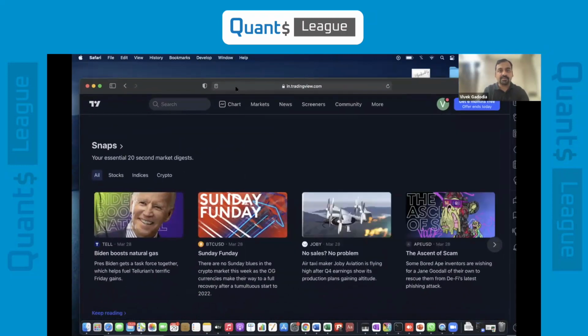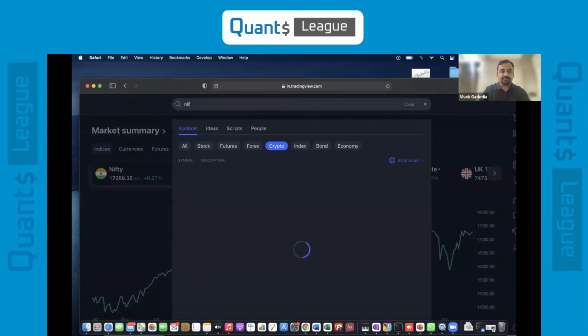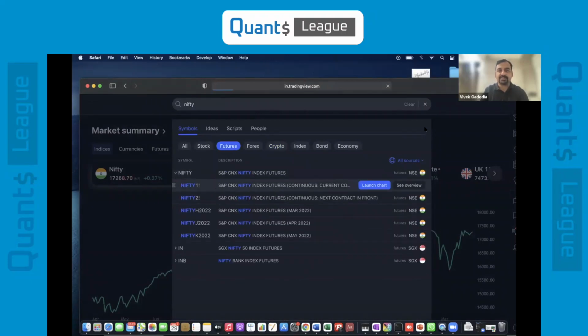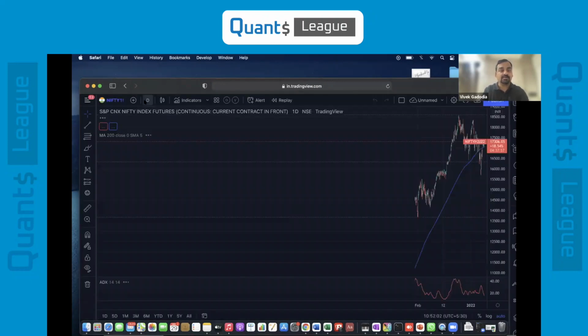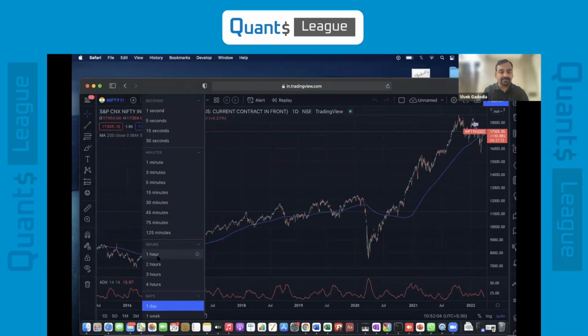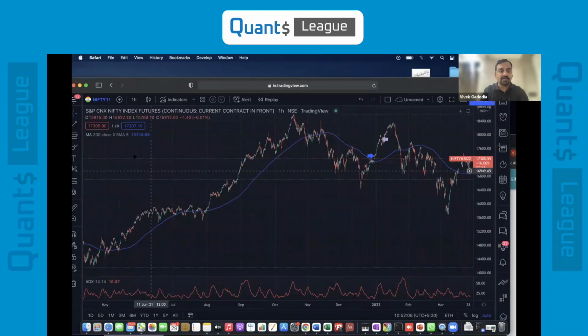So let's see. Let's just go to Nifty. I'm just taking Nifty futures as an example. Okay, we'll go to the hourly chart. And I'll just remove the existing indicators. So let me just plot what I said.